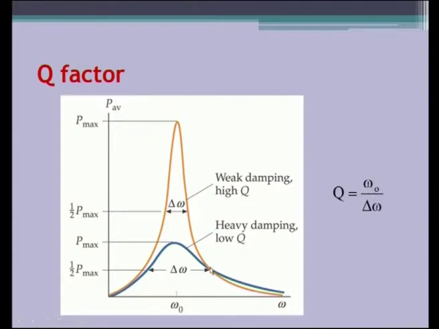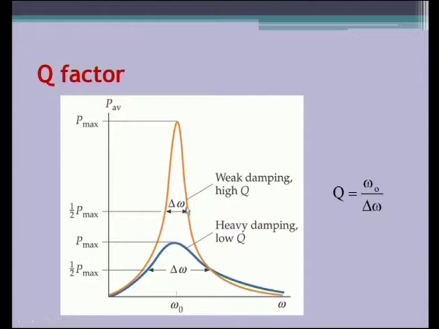The omega naught is the same for both curves, the curve shown in brown color and the curve shown in blue color. So, the numerator is the same, and the denominator decides the value of Q for both.